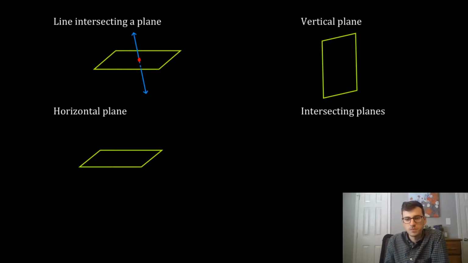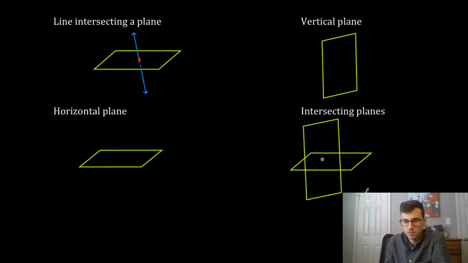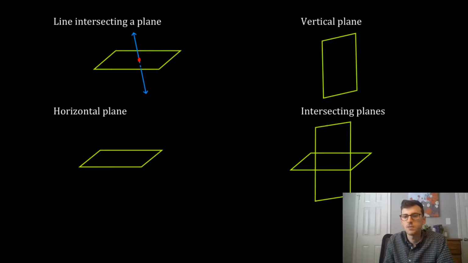Intersecting planes, let's see. So let's take a horizontal plane and a vertical plane and have them intersect, just like that. Now, two things about intersecting planes. One, they do cover each other up a little bit. So let's say that my vertical plane covers up this part of my horizontal plane.